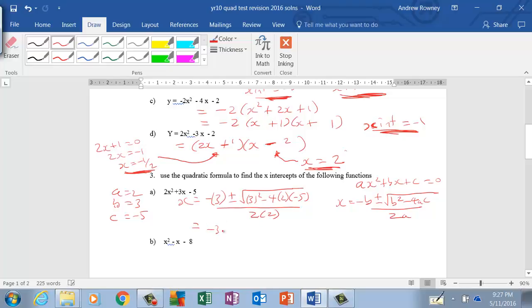So that equals minus 3 plus or minus the square root of 3 squared is 9, minus, this is plus, minus and minus is a plus, and that's 40. 2 5s are 10, 10 4s are 40, all divided by 2 2s are 4.